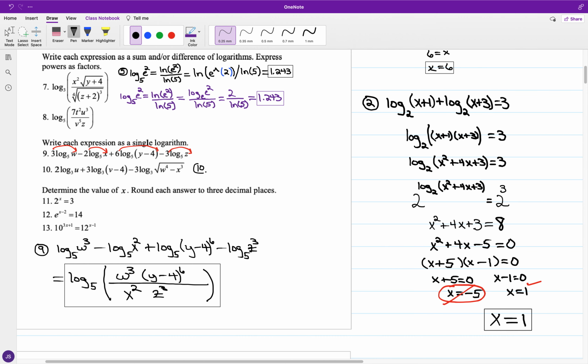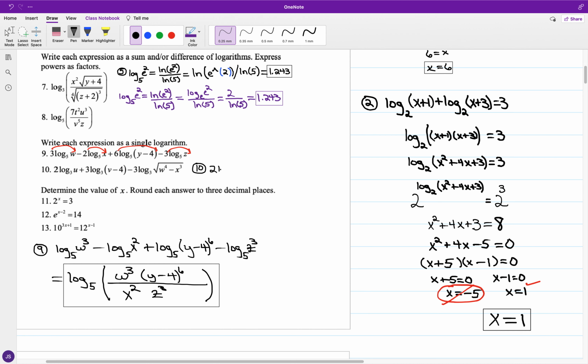For number 10, just kind of repeat the term: 2 times the base 3 logarithm of u, plus 3 times the base 3 logarithm of the quantity v minus 4, and minus 3 times the base 3 logarithm.